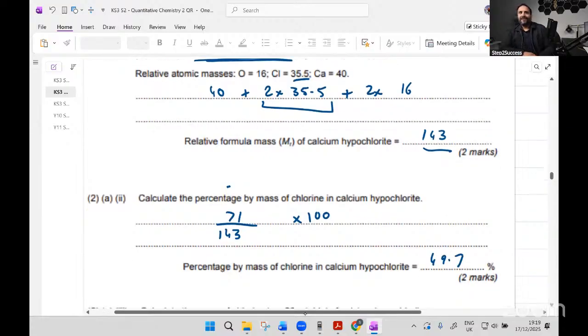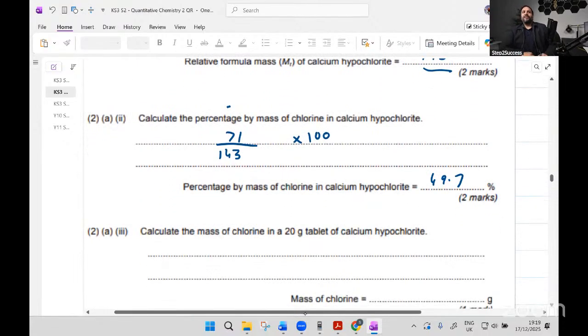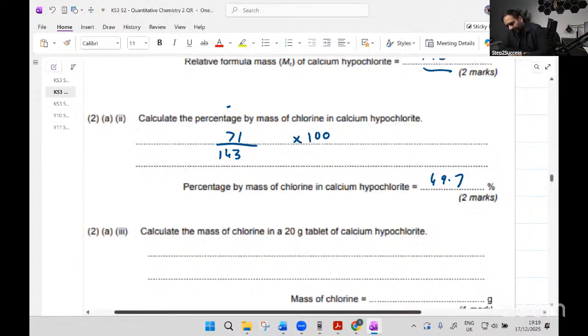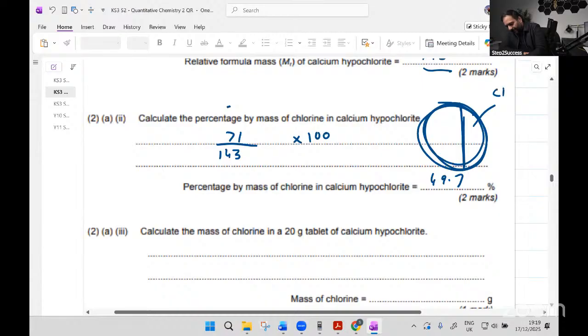Okay, then this is the question that you've actually asked, which is calculate the mass of chlorine in a 20-gram tablet of calcium hypochlorite. What you have just worked out is that if you had a load of this tablet, then 49.7% of it is chlorine.